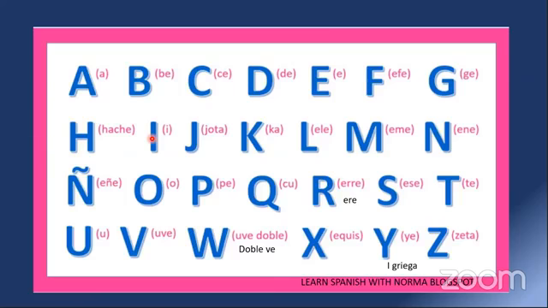So don't get confused. You have to repeat that part of the class. Try to review the vowel sounds and try to spell your name using the letters. Like if your name is Mary, if I am in customs and immigration in Spain and they tell you, please spell your name, M-A-R-Y, Mary. If your name is Laura, you are going to say L-A-U-R-A.